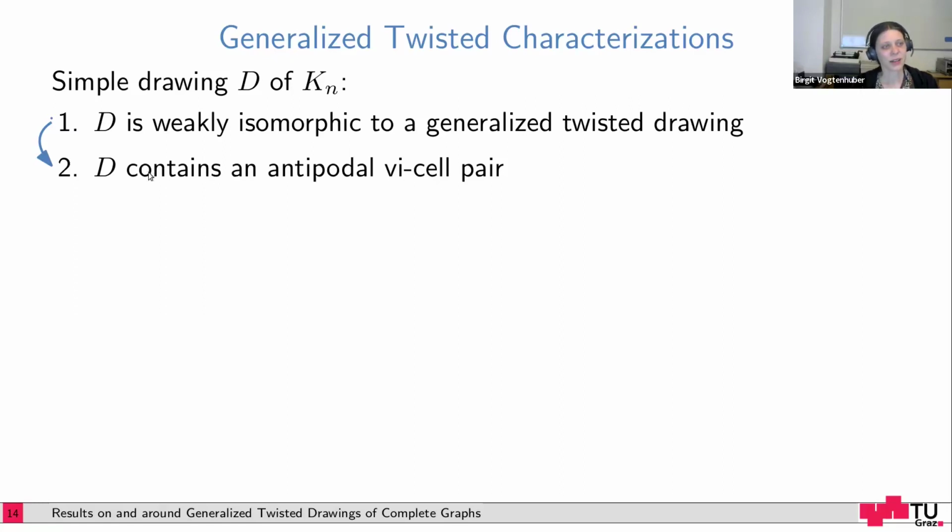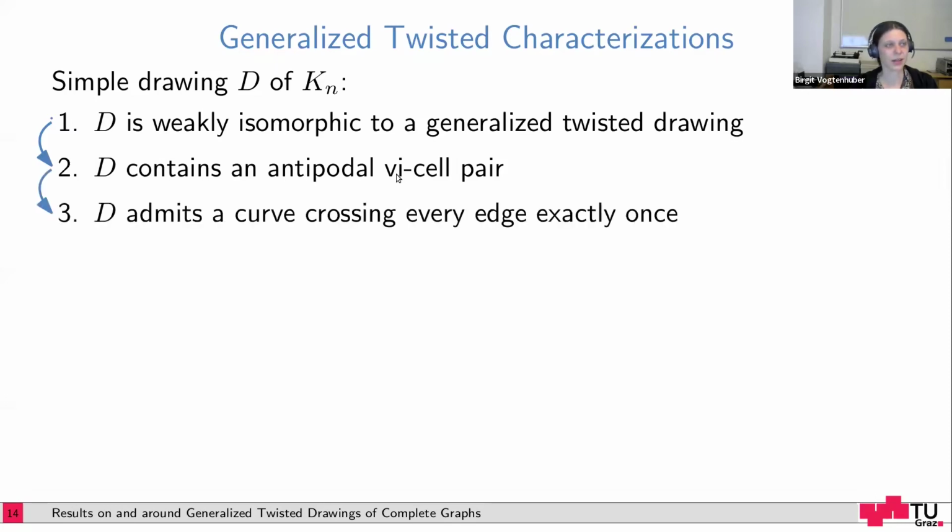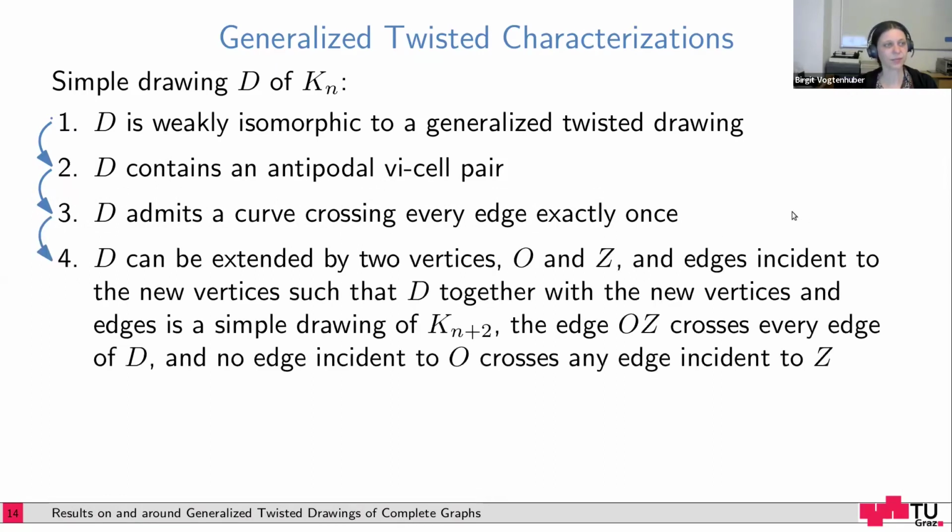And then if they contain an antipodal VI cell pair, so an antipodal cell pair with vertices on the boundary of each of these cells, then we can show that it also admits a curve that crosses every edge exactly once.